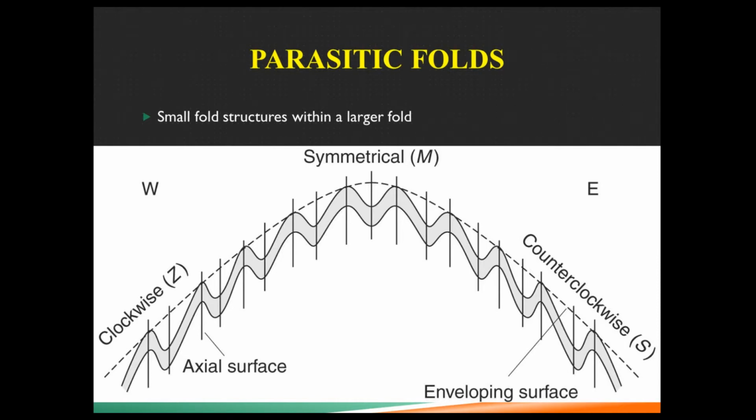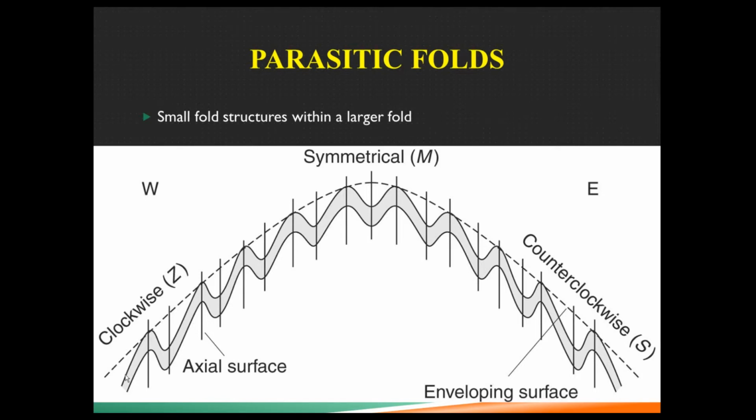And because the little folds got folded in this big fold, we have asymmetric and symmetric folds in different parts of the system. Over on the left, we have asymmetric folds. Their axial surface is not perpendicular to that enveloping surface, and it's a Z-type clockwise asymmetric fold.